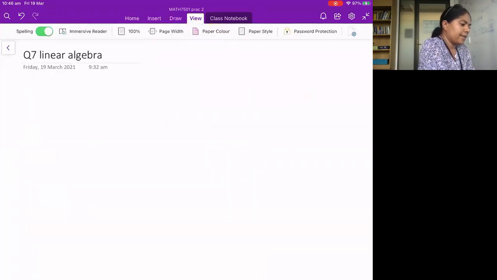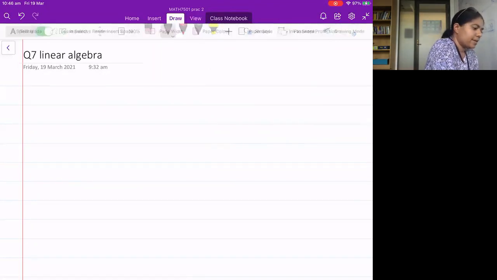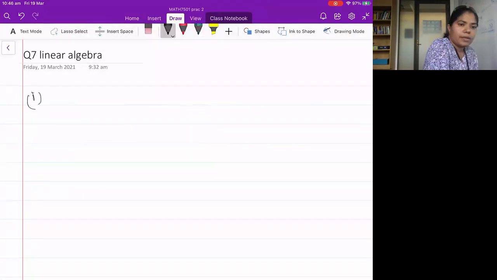Number 7, linear algebra. You're given two matrices A and B. First part is, set alpha is -1.